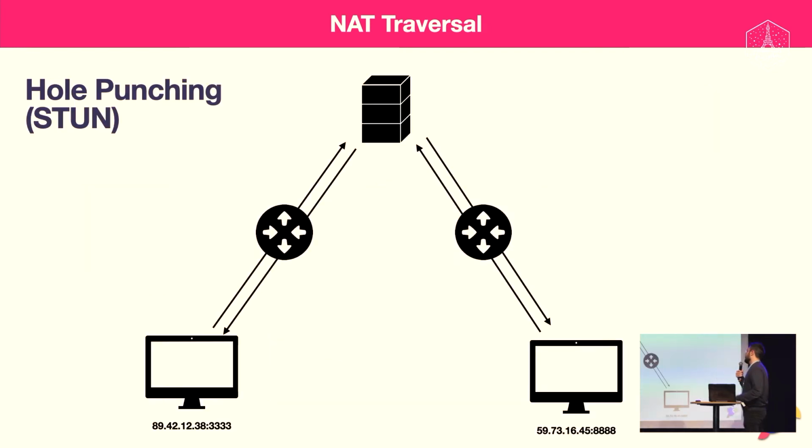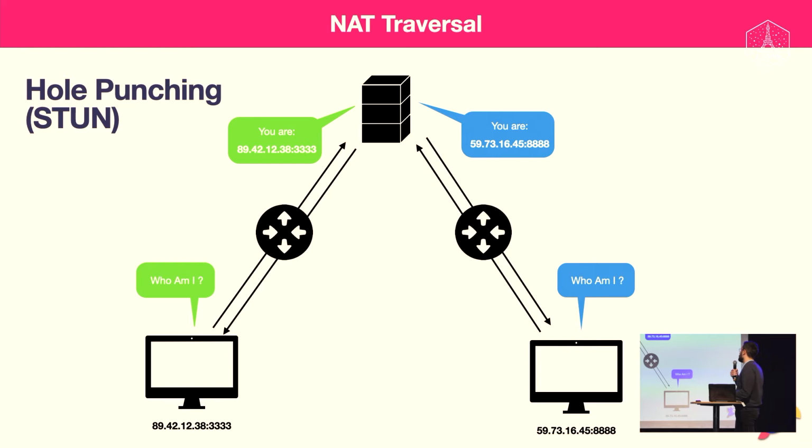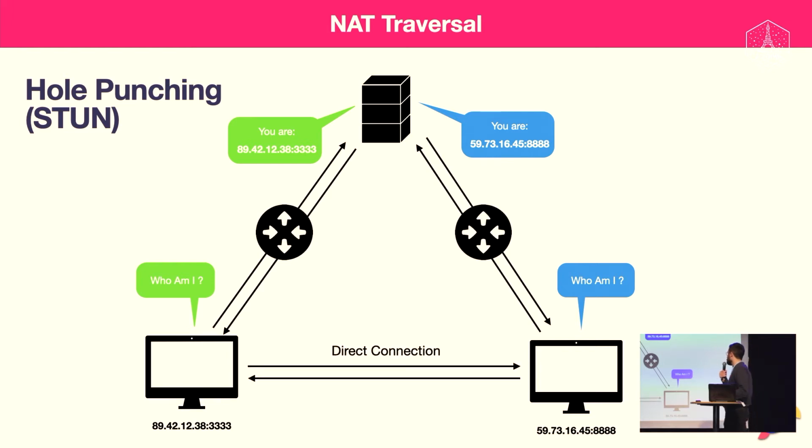The second one is hole punching. Basically, in the big picture, the concept, to be simple, is to guess your public IP and your public port. So you will ask a STUN server what is my public IP and what is my public port, and the other peer will do the same, and this enables a direct connection between those peers.